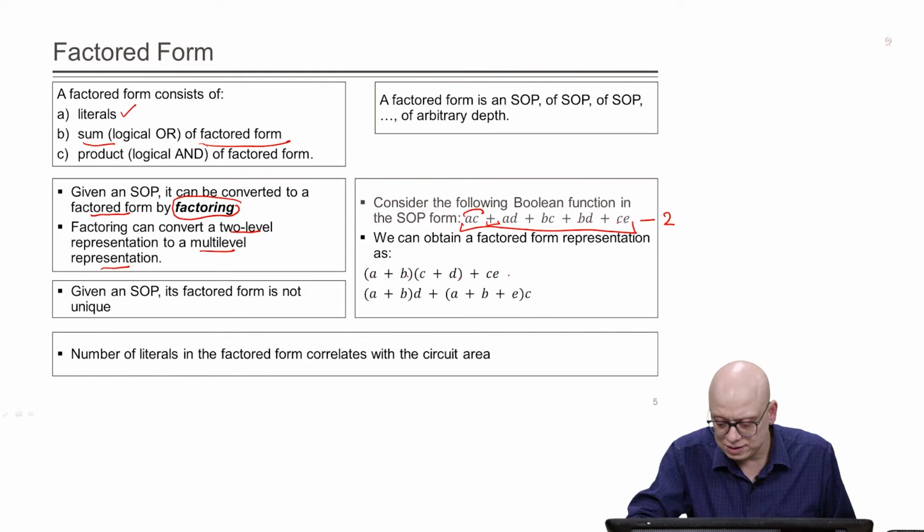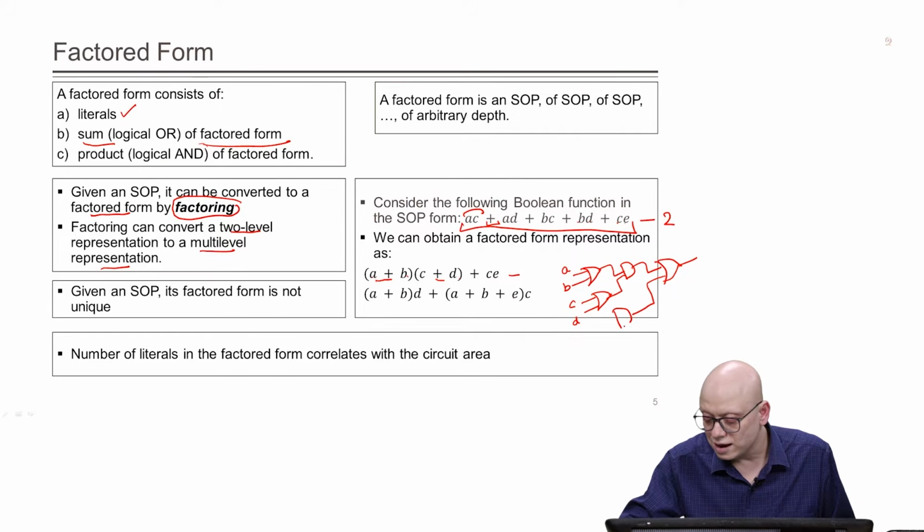Now, what about this? Here we have 1 level of logic, right, for both of them, when we take an AND. So we can draw the circuit and then we can count the number of levels. For example, we can say that we have OR of A, B and C, D, and then we have an AND, and then we have another OR in which we take an AND of C and E. So the number of levels in this representation is 1, 2, 3.